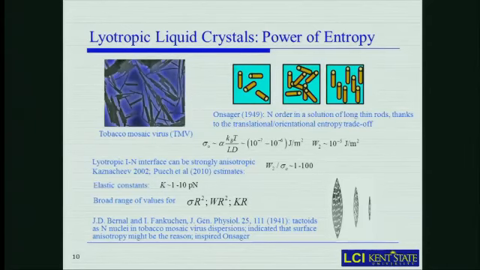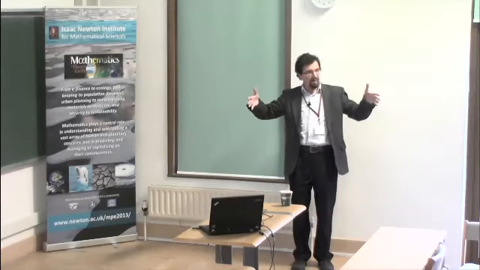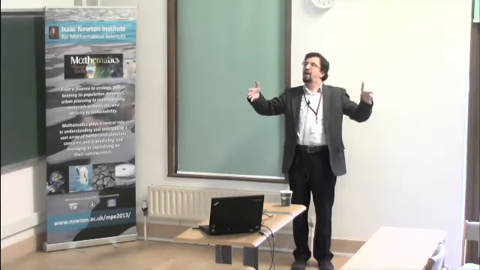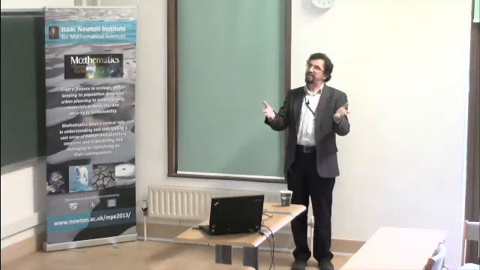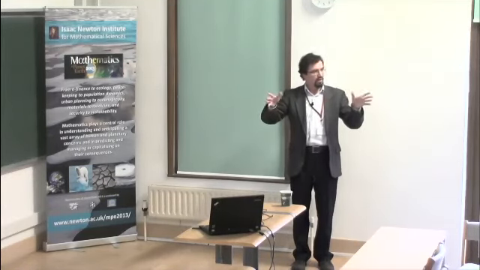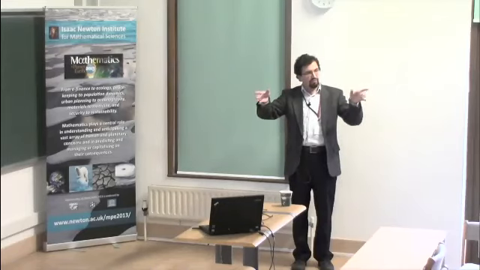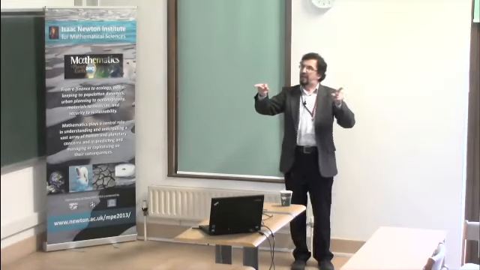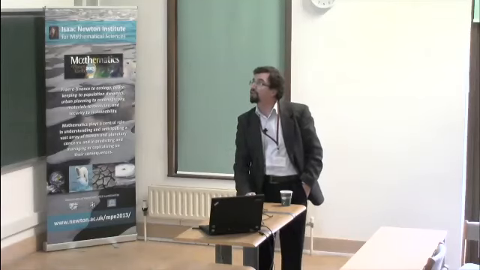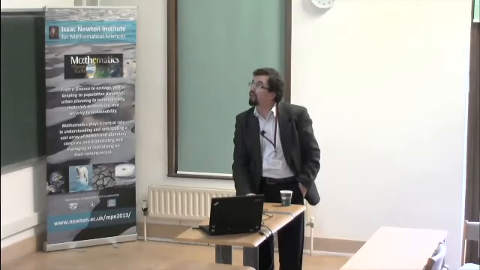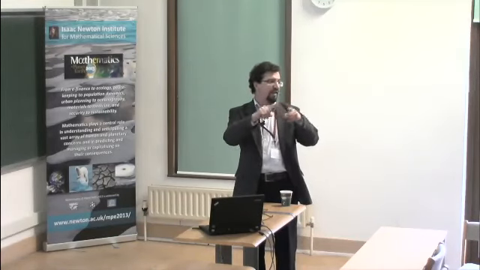But as was shown by Onsager, when you are dealing with the dispersion of long rods and you increase the concentration of these rods, eventually the system would face the dilemma either to remain misaligned in terms of orientation of these rods and thus maximize the orientational entropy at the expense of hindering the translational motion.